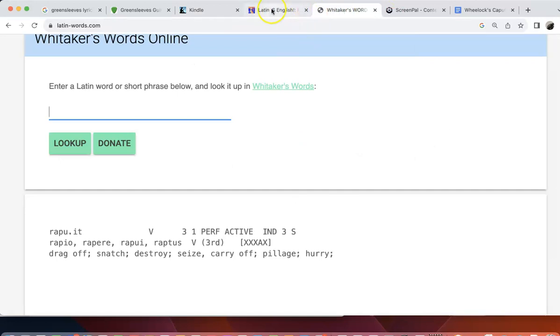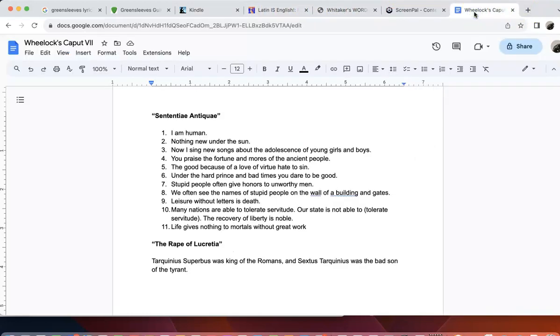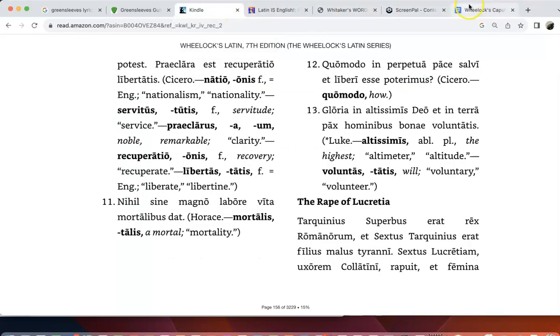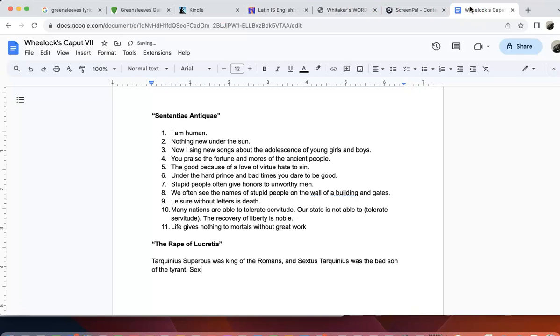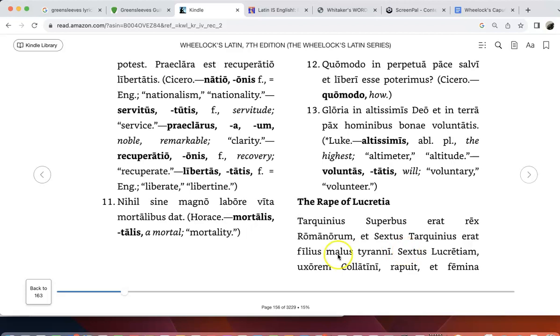So we go back here. Okay, so Sextus raped Lucretia. And then here we have an appositive describing who she is. She is the son of Collatinus, or not the son, but the wife.